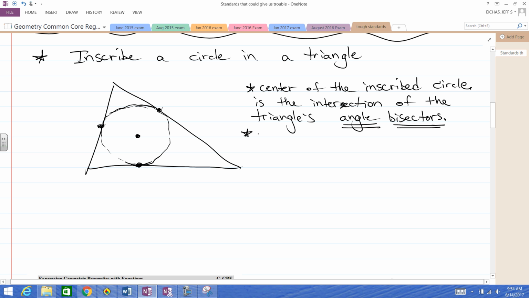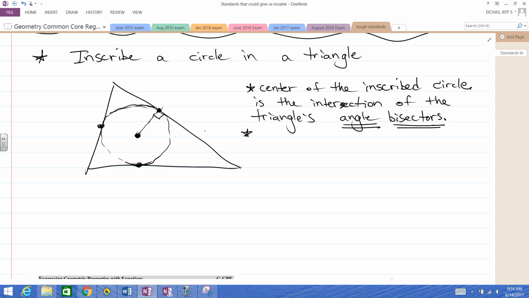Now the next part's kind of been overlooked. We haven't really done a whole lot with that. Technically, once we find that location, we actually have to go perpendicular to the line. The shortest distance from here to here is going to be perpendicular to this side. That's going to be another difficult part.